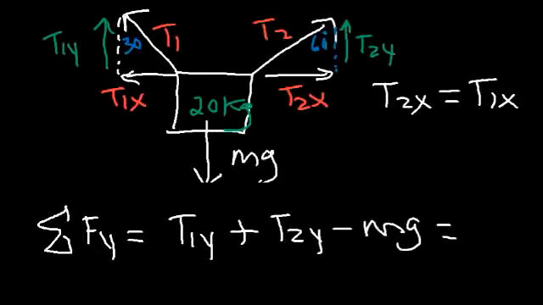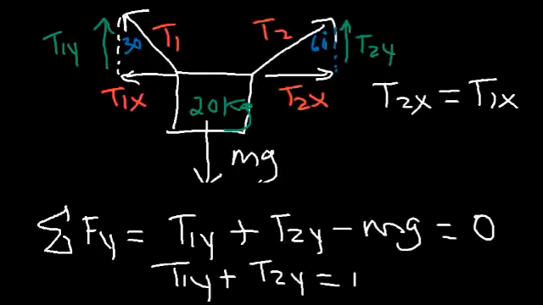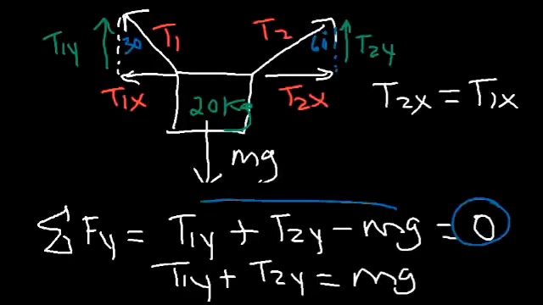And because the object is at rest, it's not accelerating anywhere, the net force is 0. If we move mg to the other side, it's going to be positive. So therefore, T1y plus T2y is equal to mg. We don't need to worry about this anymore.